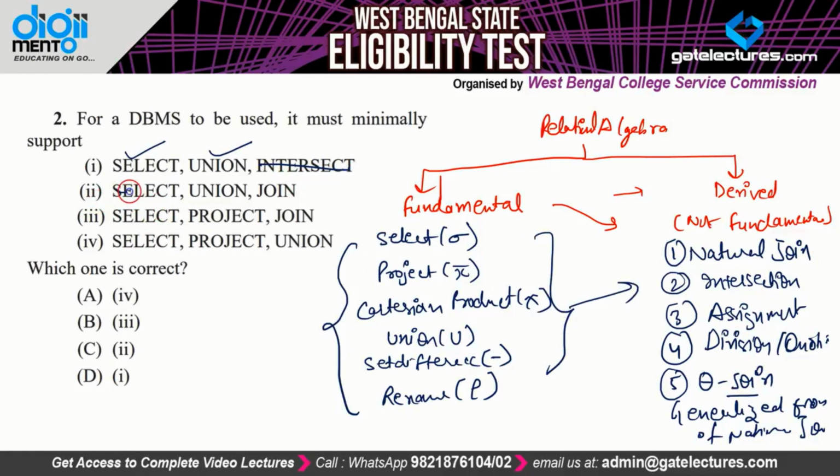Next, select should be there, union can be there, and join can be derived from the fundamental operations. Next, select should be there, project should be there, and join can be derived. Next, select should be there, project should be there, and union should be there. So the answer is this option, because this is the minimal set, and this is option number A. Option number A is correct for this.